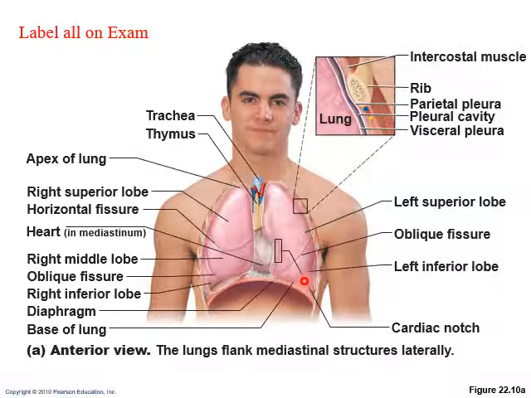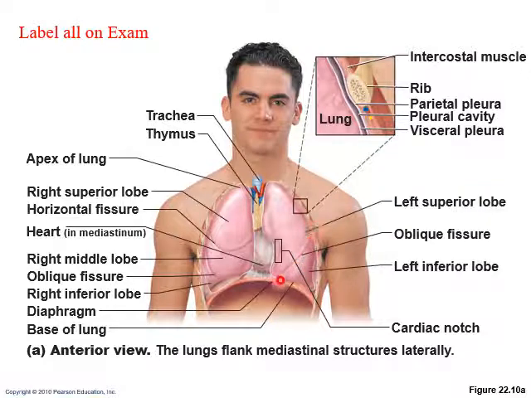All right, so when we go to labeling things for our practical exam, which I'll explain how we're going to have to do that if we're doing that online, things that you need to say left and right. You need to say left and right on superior lobe, because there's one on each side. You need to say left and right on inferior lobe, because there's one on each side.